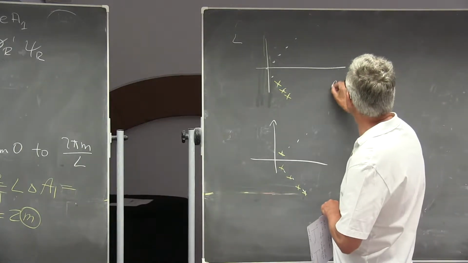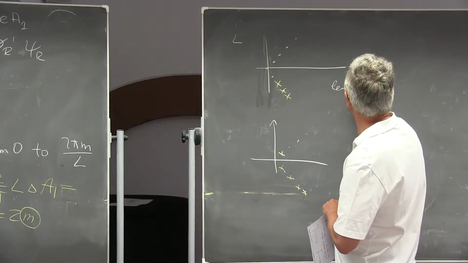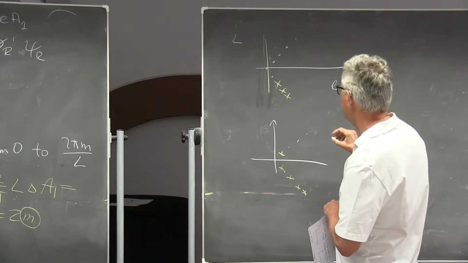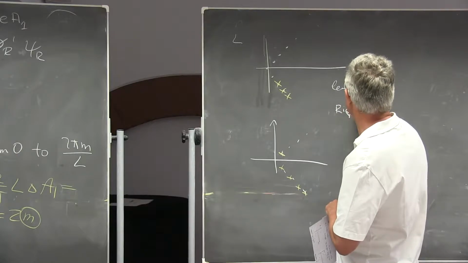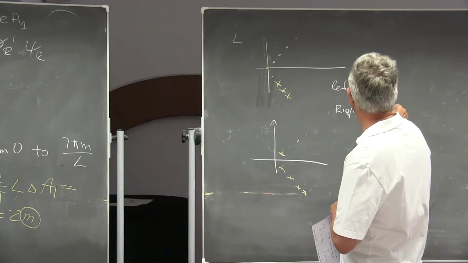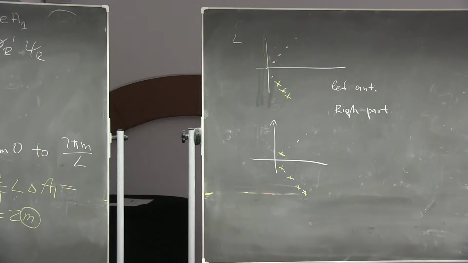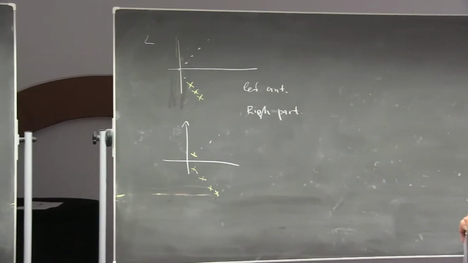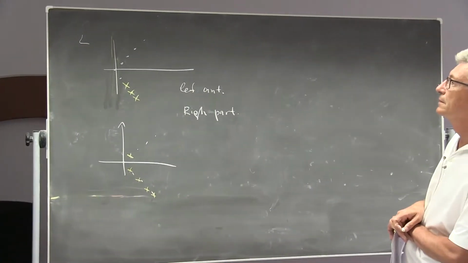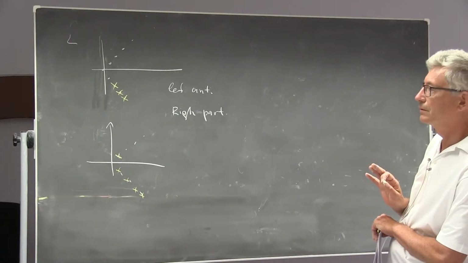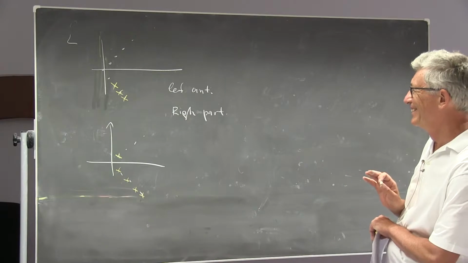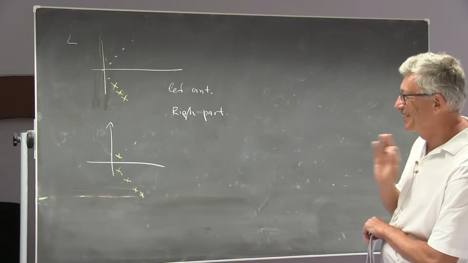So here we got left antiparticle and right particle. So you lose one antiparticle and you gain one particle, no? Yes. So then you get two more particles than in the beginning.